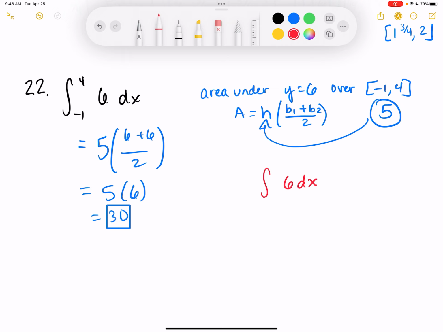There's no variable right now. That means it's x to the 0. So if we add 1, it would be x, so it would be 6x. And then we would evaluate it from -1 to 4. So 6 times 4, 24, minus 6 times -1. So that would be plus 6, which is 30.